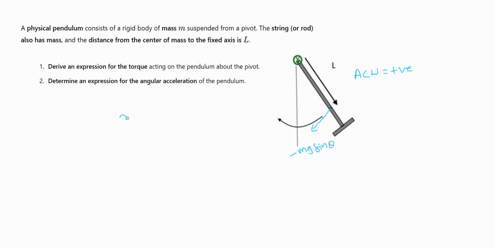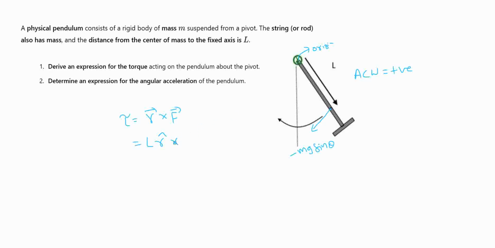We know the expression for torque is R cross F, and R is the length L, the distance from here to the center of mass. So it is L R cap. Where is the origin? The origin will be here; if this point is the origin, then L R cap will be the case.